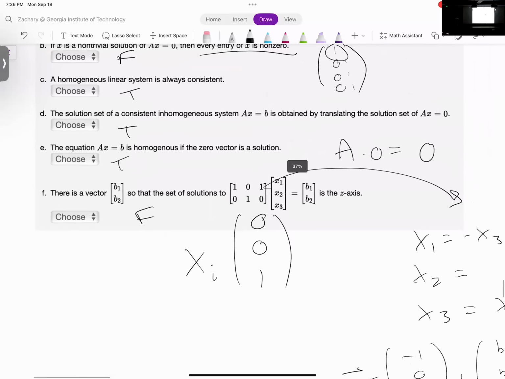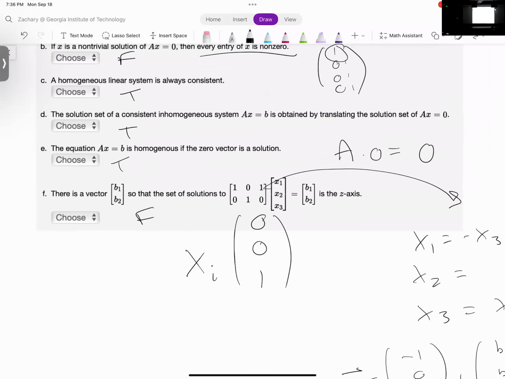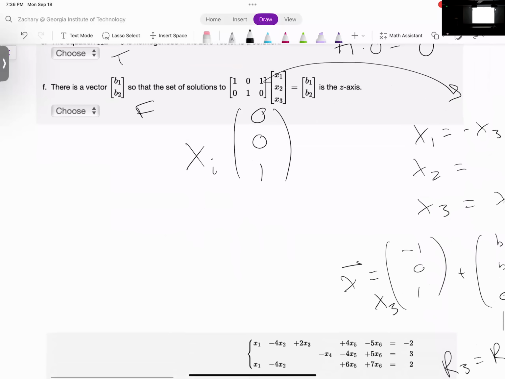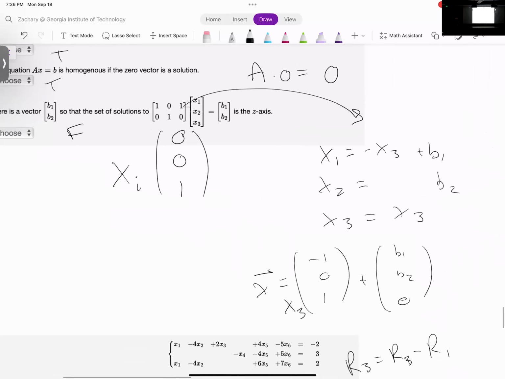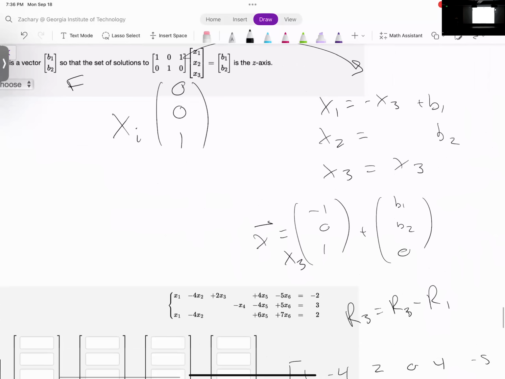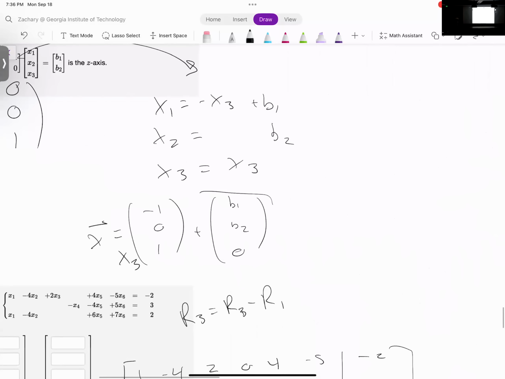This one? Here? F? Okay. I understand how you got the -0. Yep. So what this is going to be is kind of hard to picture, but what do my b1 and b2 control? The x and y. They control my particular solution only in x and y, right?